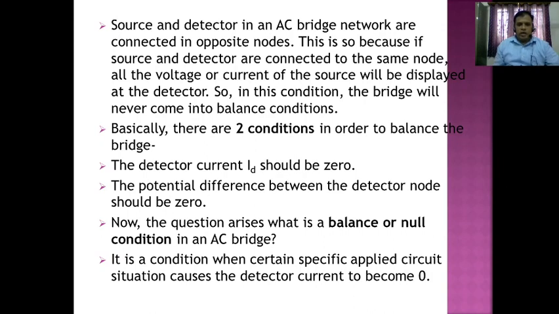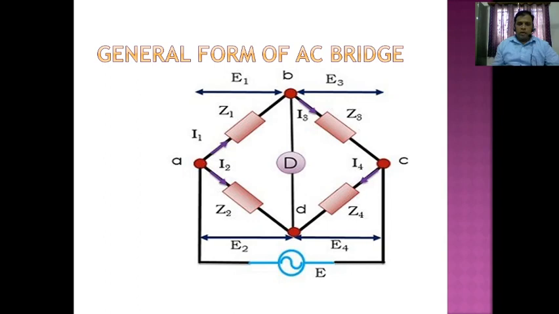So the important point is the source as well as the detector should be connected at the different or opposite nodes. Then there will be no problem because this null detector should show the null deflection. If this detector doesn't show null deflection, then the bridge will not at all balance. So we should take care that the detector as well as source are connected to different nodes. You can see here these are B and D nodes where detector is connected, and here A and C are the nodes where the source is connected. You can see here clearly it is mentioned.